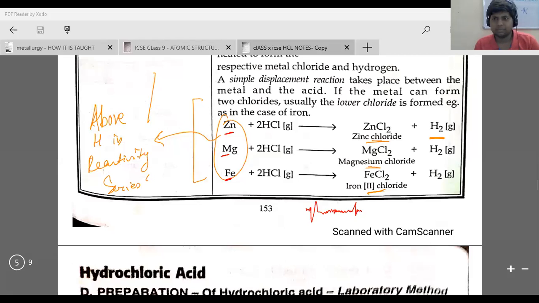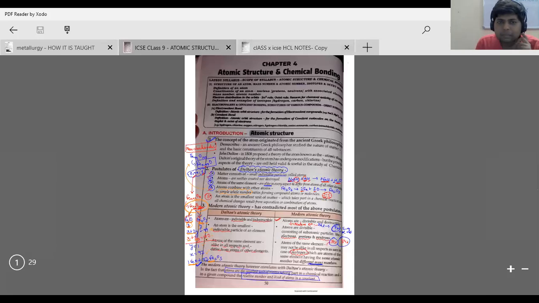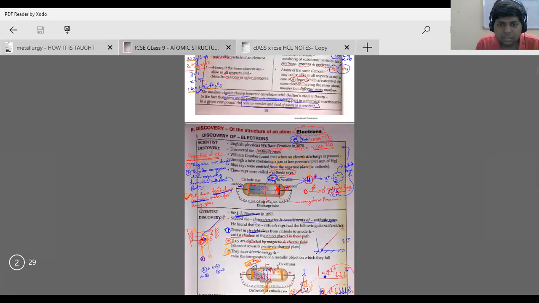So we were studying atomic structure. Okay, is the screen visible to everyone? Yes, sir. Atomic structure.